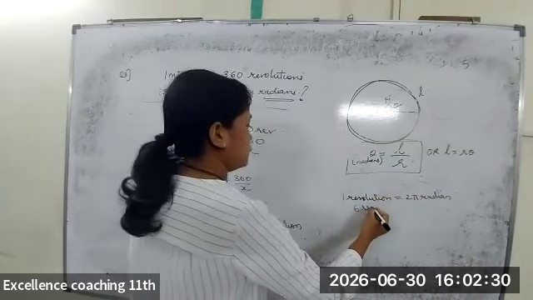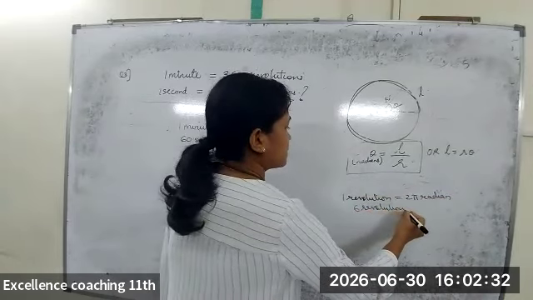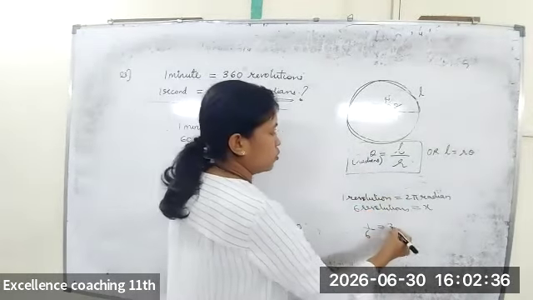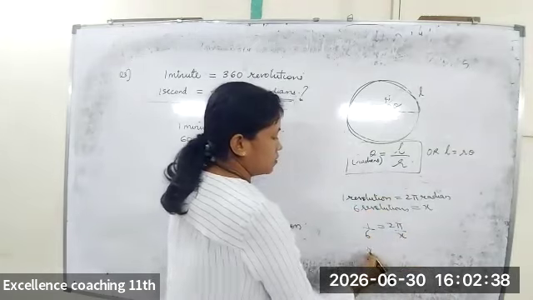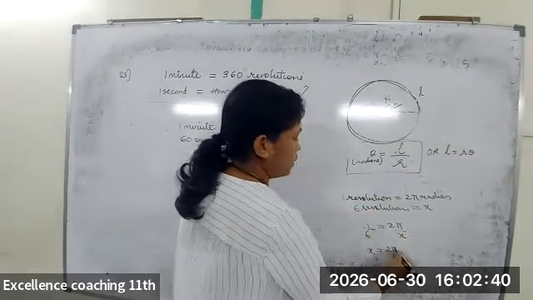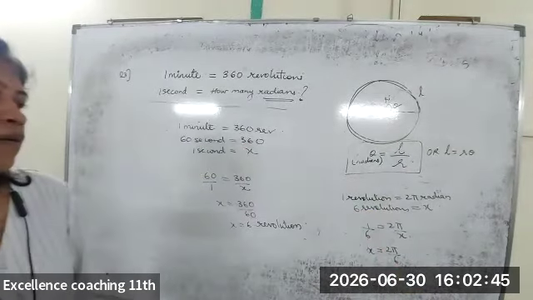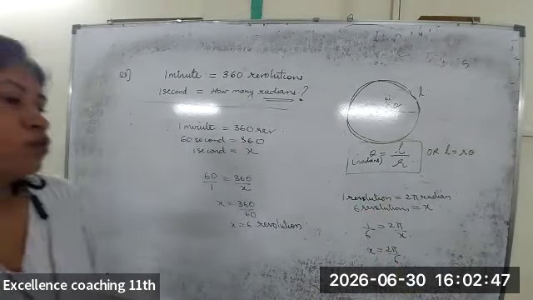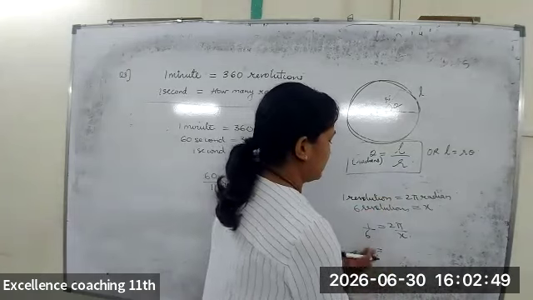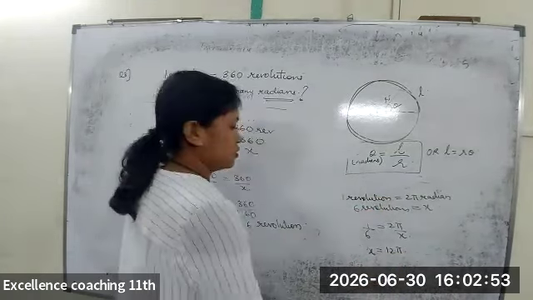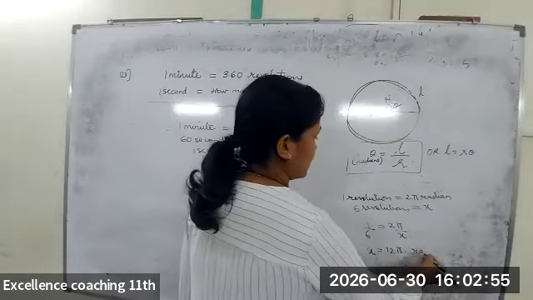So 6 revolutions will be how many? 1 by 6 into 2 pi by x. So x will be 12 pi, correct. So 12 pi radians will be the answer.